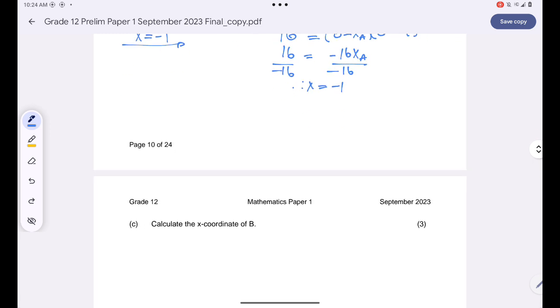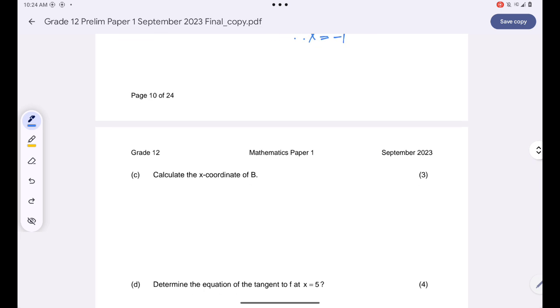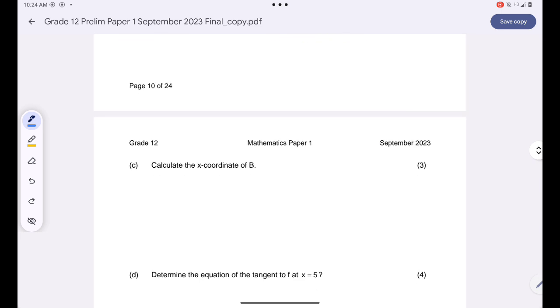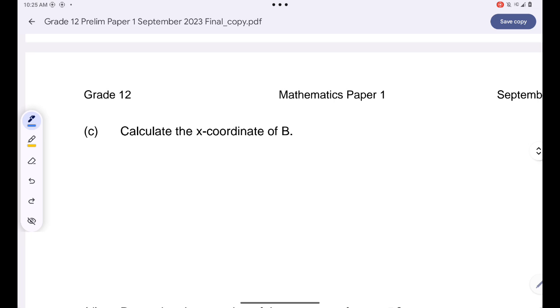And then now they want us to find the x-coordinate at B. B is the stationary point, right? And I know that guys, at a stationary point, the derivative of my curve is equal to 0. So f of x is equal to x cubed minus 7x squared plus 8x plus 16.